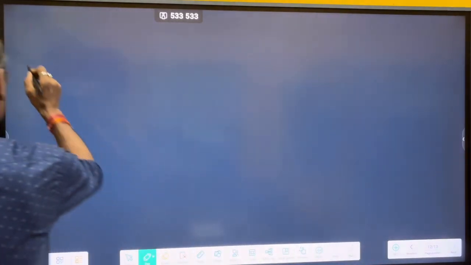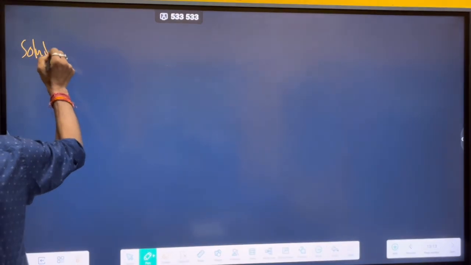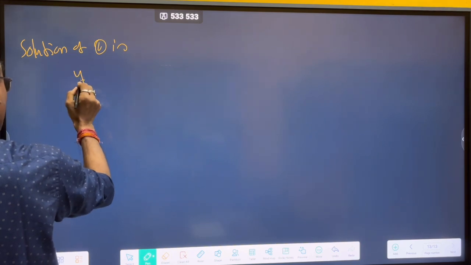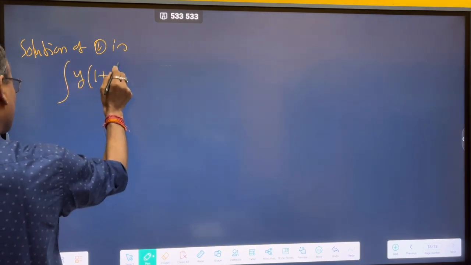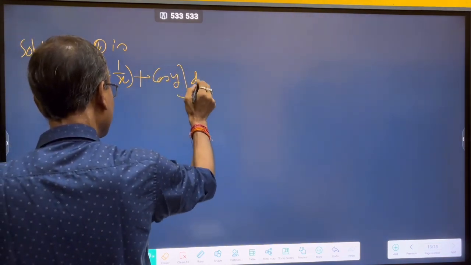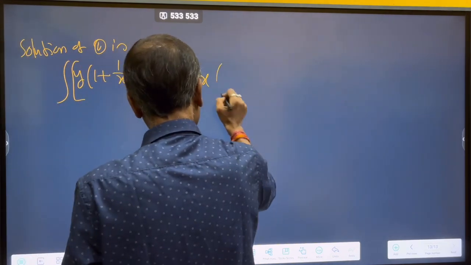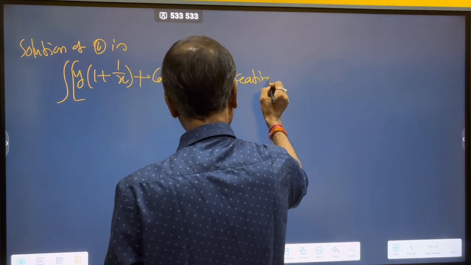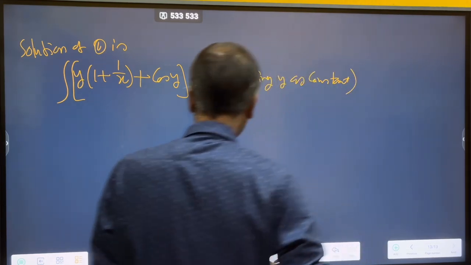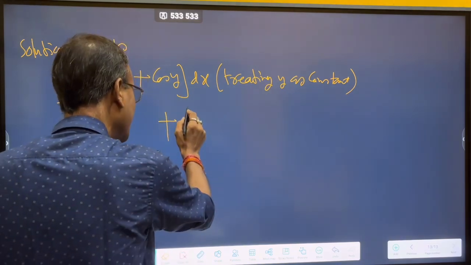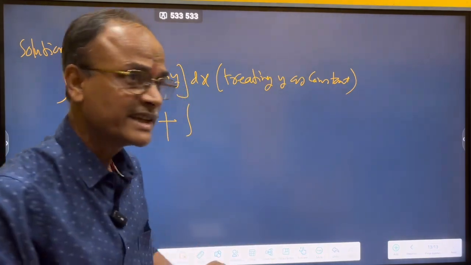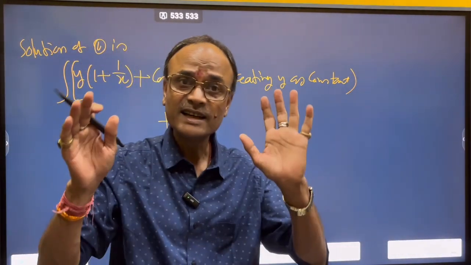Solution of 1 is integral M, (1 plus 1 by x plus cos y) dx, treating y as constant, plus integral of N dy, taking only those terms which do not contain x.